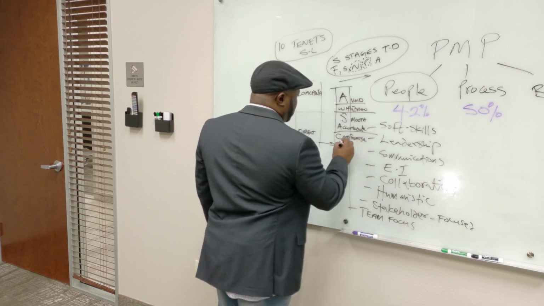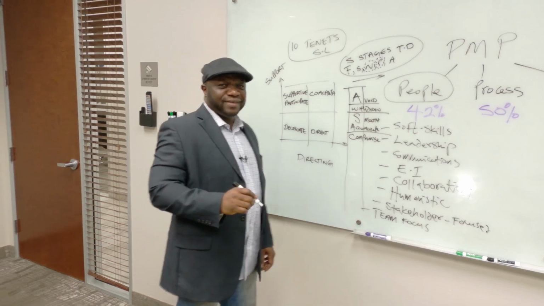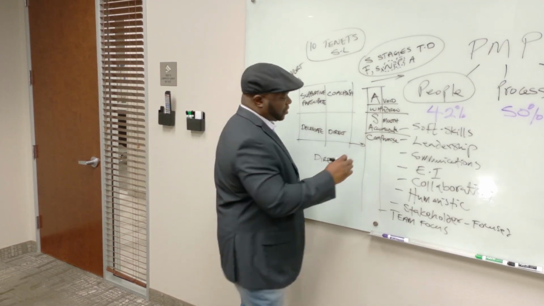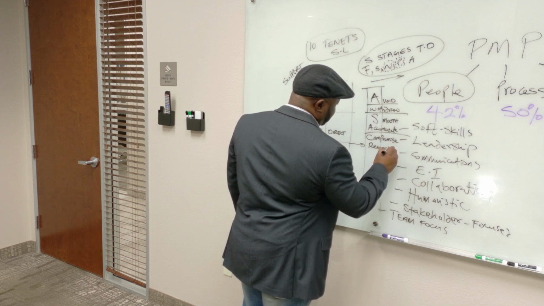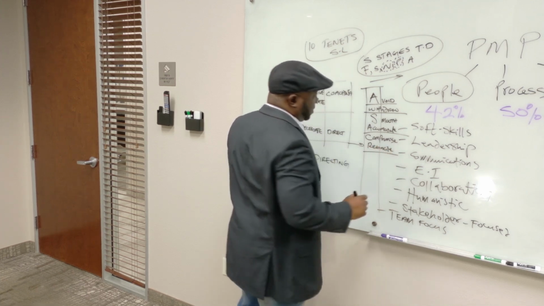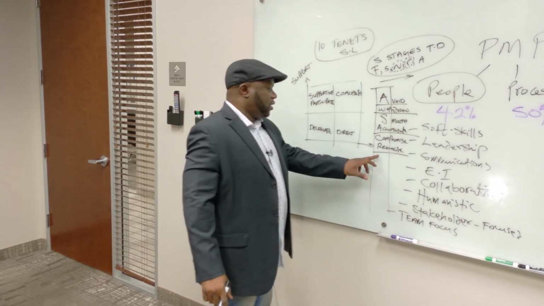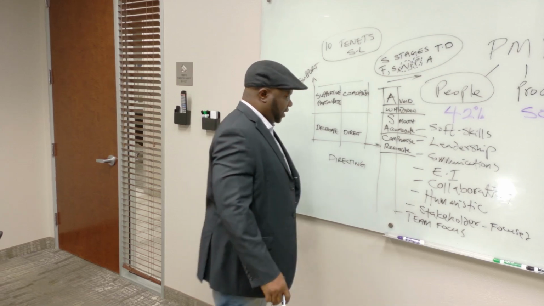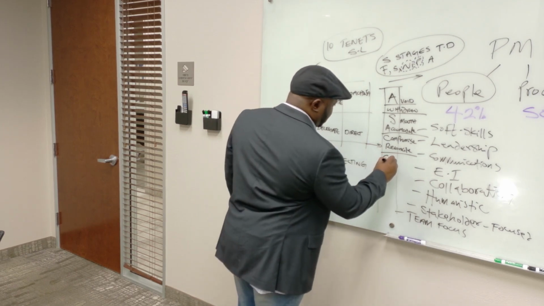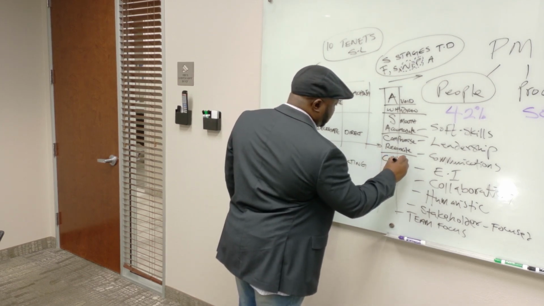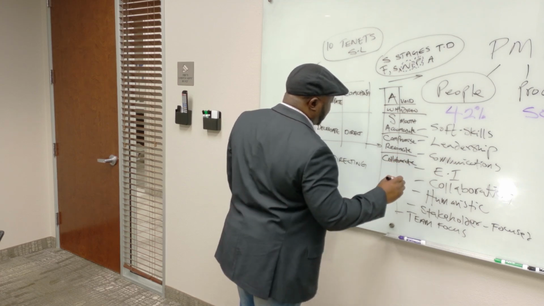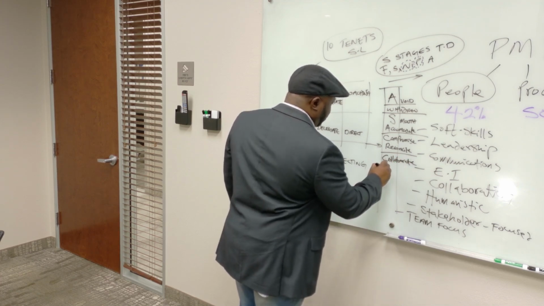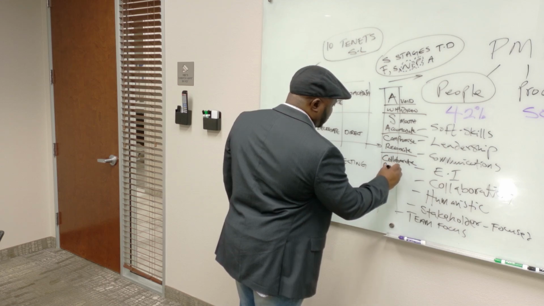Compromise, also known as, do you remember that one? Compromise, also known as reconcile. Some of you have forgotten this. What is the other one beginning with the letter C? Collaborate. Collaborate, also known as problem solve.